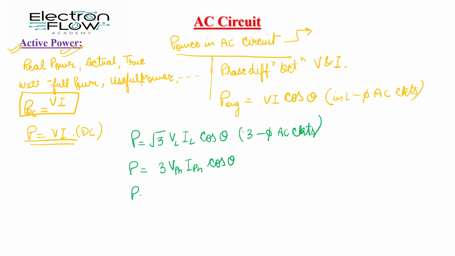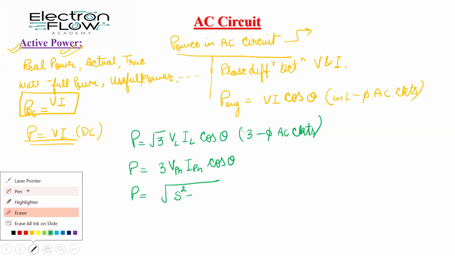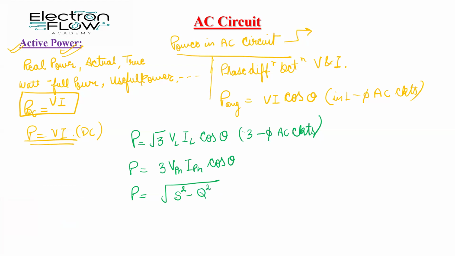We can also write the active power as the square root of apparent power square minus reactive power square. Or real power is equal to the square root of VA square minus VAR square.